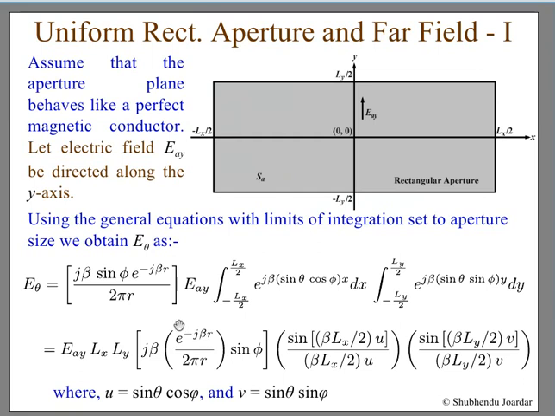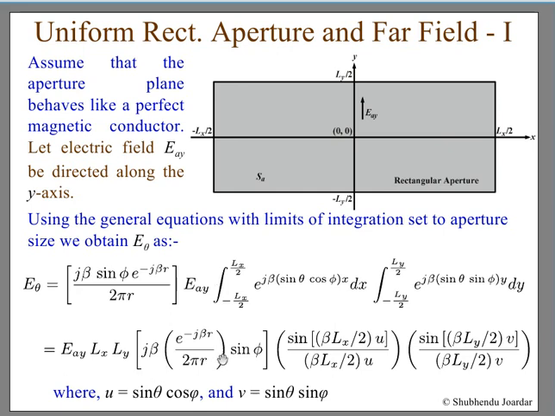If you modify these relationships for this geometry, using the general equations with the limits of integration set to the aperture size, this is minus Lx by 2 to Lx by 2, and this is the direction cosine component. And again the other one is from here to here, and this is the direction cosine component. And you are integrating it.